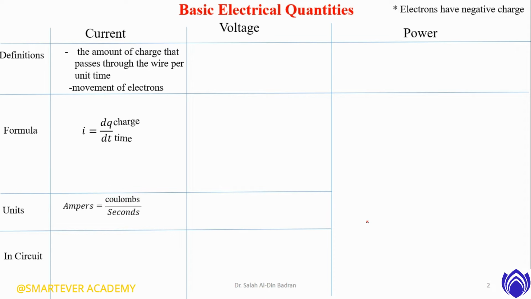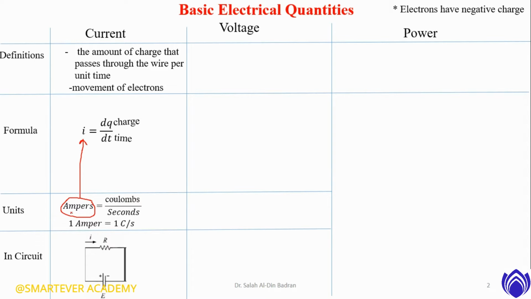The unit for charge is coulombs, for time is seconds. So dq over dt, coulombs over seconds, gives us the unit of the current. It's amps, or we call it amp or amps. So 1 amp is equal to 1 coulomb a second.